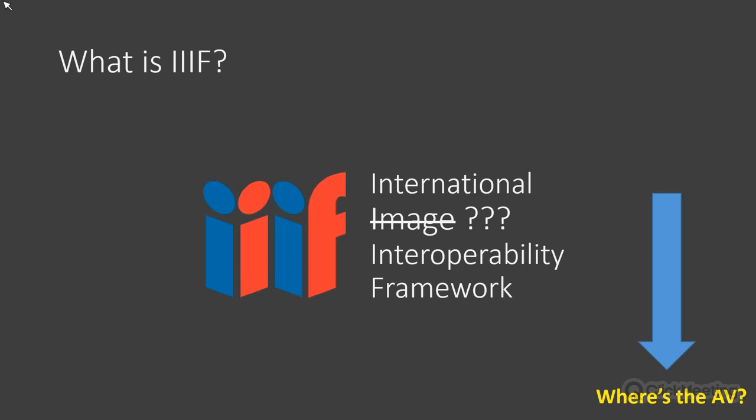There is a list called IIIF Awesome, which if you Google that, you will find a list of software implementations. But as far as I know, there isn't a roadmap checklist for, I have digital objects in a silo, what's my best strategy for getting them into IIIF? That may be very collection specific, but I'll take that on board and see if anyone has got that.